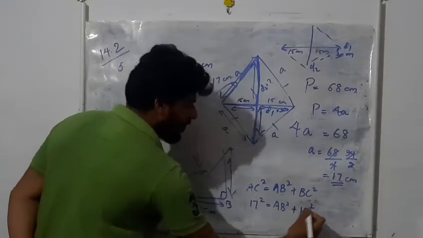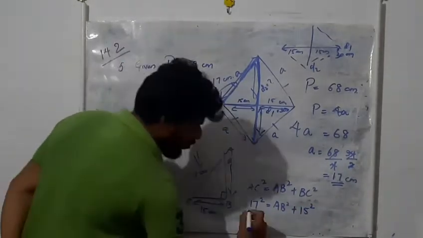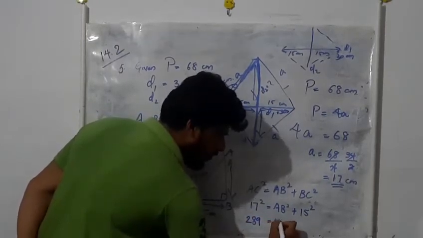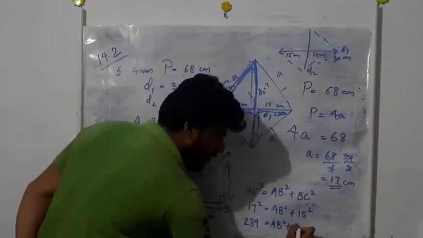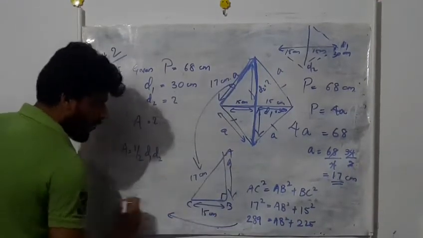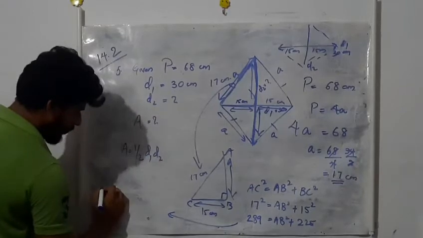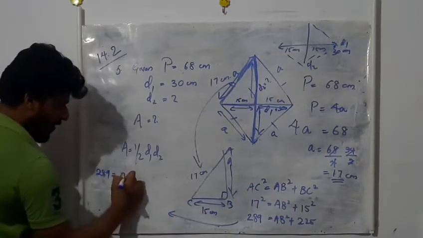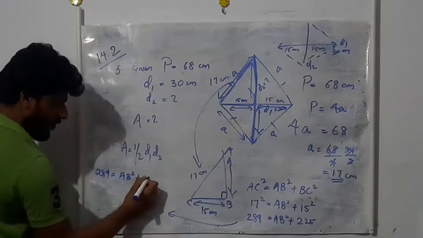BC is 15, so 15 square. 17 square is 289, and 15 square is 225. So I am making 289 equal to AB square plus 225.